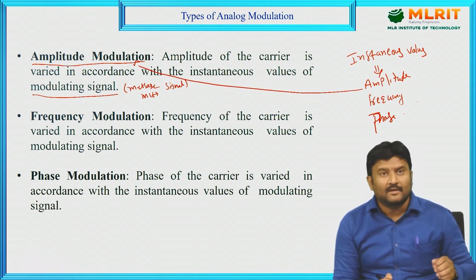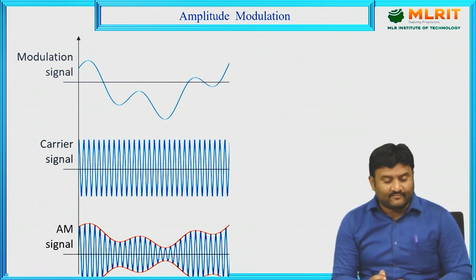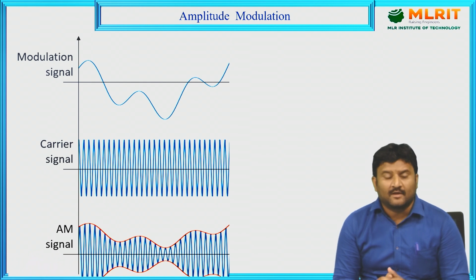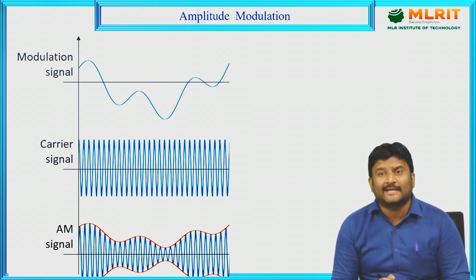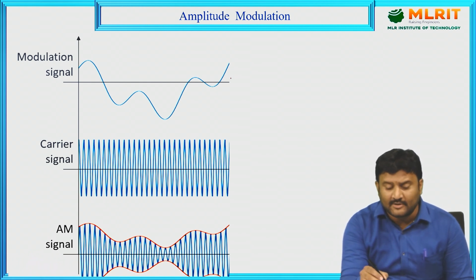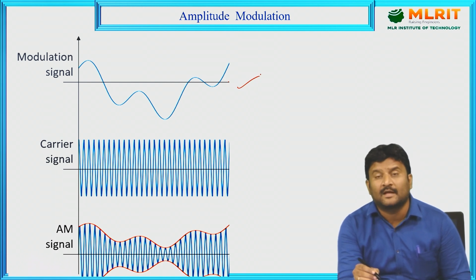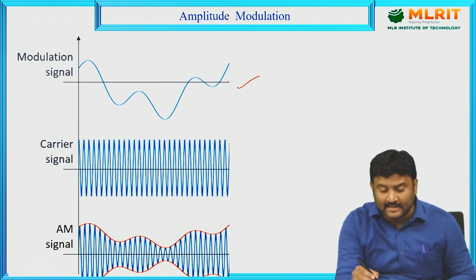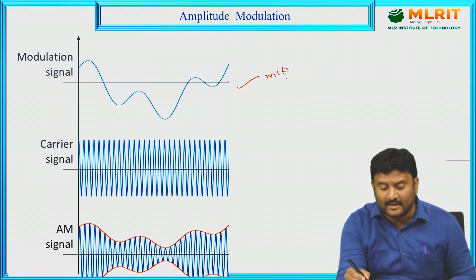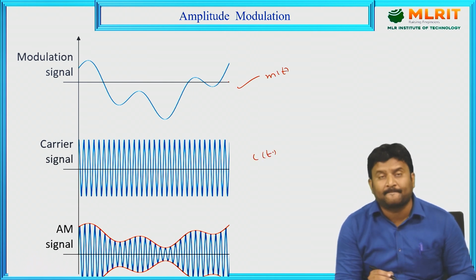Observe here the diagram for amplitude modulation. Here first I am taking the modulating signal. This modulating signal is also called the information signal or message signal. This is m(t), and this is c(t), the carrier.